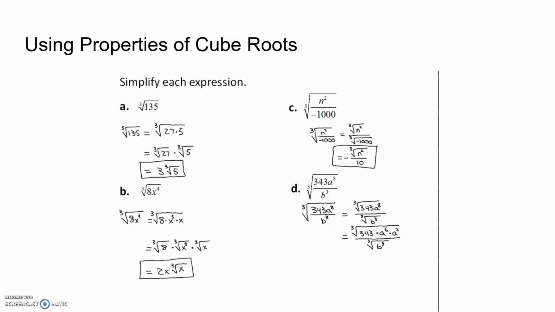Then use the product property of cube roots to rewrite the numerator as the cube root of 343 times the cube root of a to the 6th power times the cube root of a squared. Because the cube root of 343 equals 7, the cube root of a to the 6th power equals a squared, and the cube root of b cubed equals b, the expression simplifies to 7a squared times the cube root of a squared divided by b.